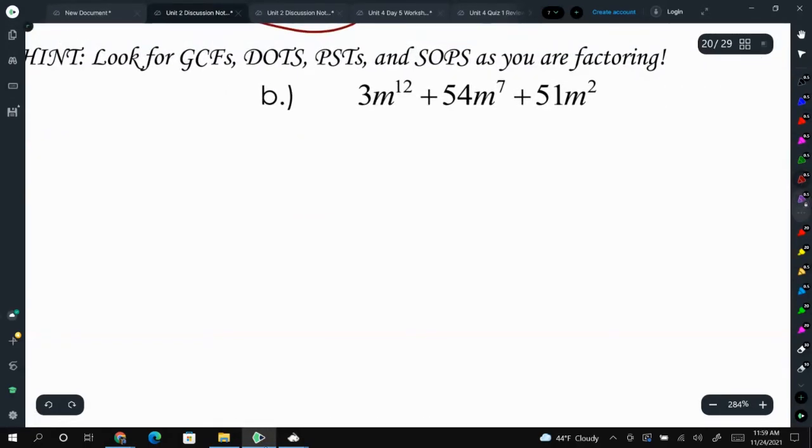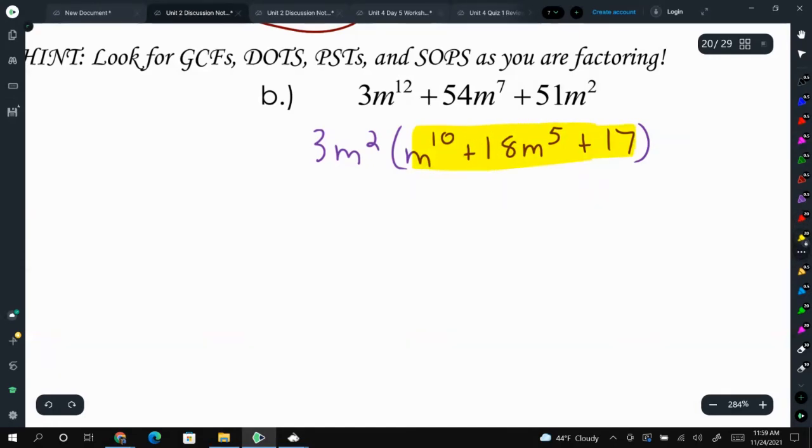Over here in letter B, we're going to factor out a 3m squared, and that's going to give us m to the 10th plus 18m to the 5th plus 17. Now, again, we're going to factor this, and this is in quadratic form because we have 18m to the 5th. m to the 5th is our something, and our leading term is that something squared. m to the 5th squared is m to the 10th.